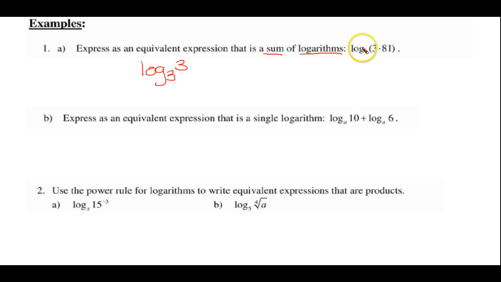And now we're going to put, since this is multiplication, we're going to put addition plus log of base 3 of 81. So we have separated this into the sum of logarithms. And the 3 plus 81 indicates that we were multiplying this originally.